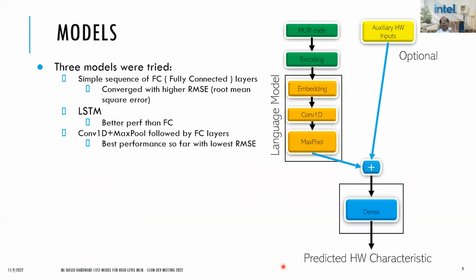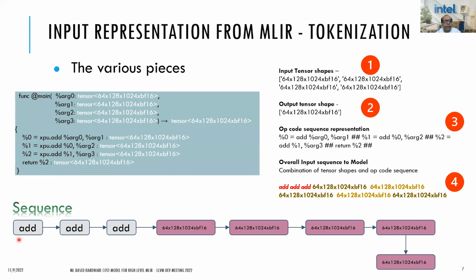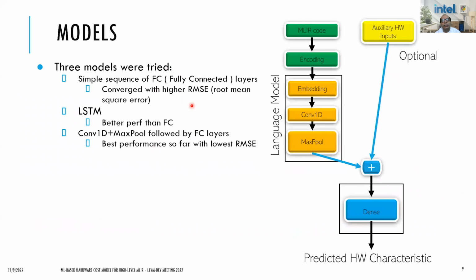And so these are the models that we have looked at. And finally, one of the models which performed best, the figure is shown here. The 3 models we tried were, first, a simple sequence of fully connected layers. So if you look at the previous diagram, you take the sequence, you have some maximum sequence number, and feed it through a simple MLP or a sequence of fully connected layers.